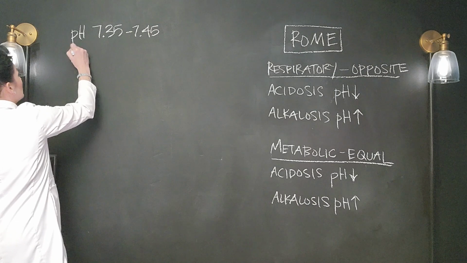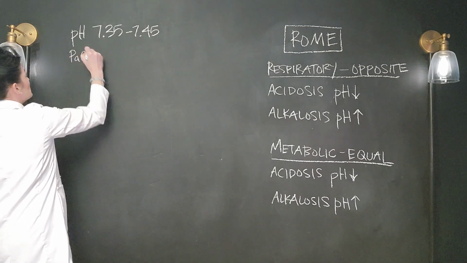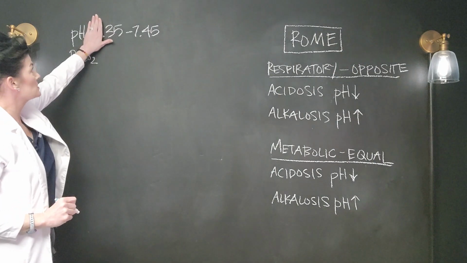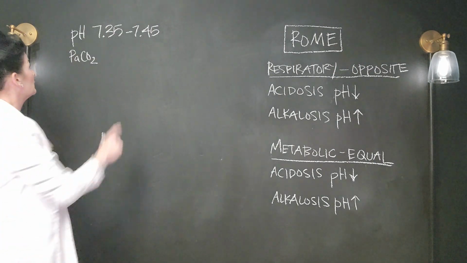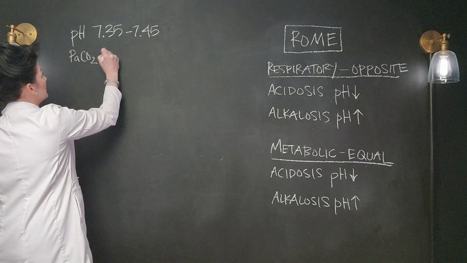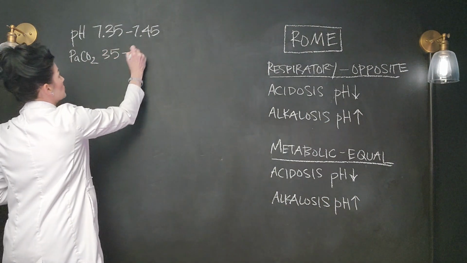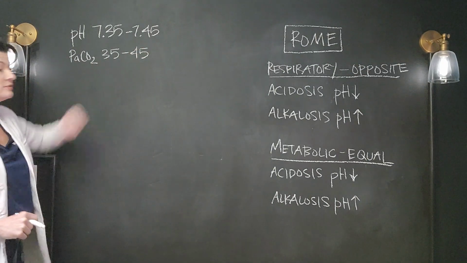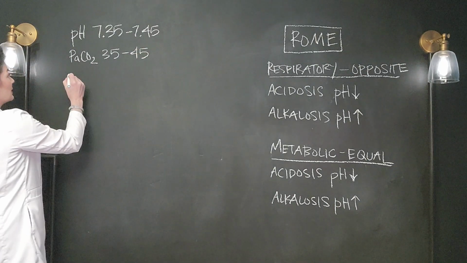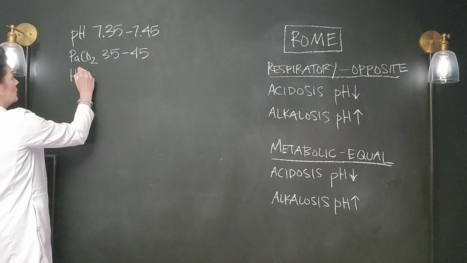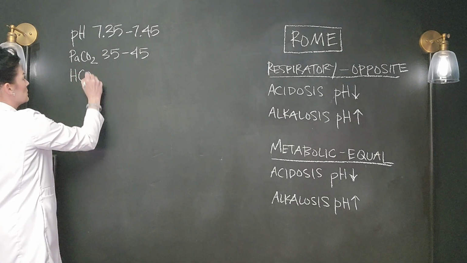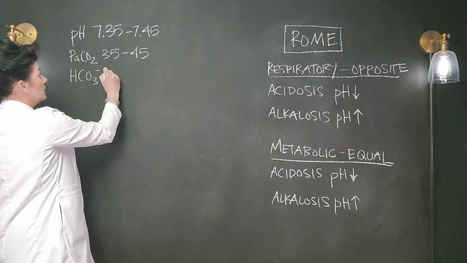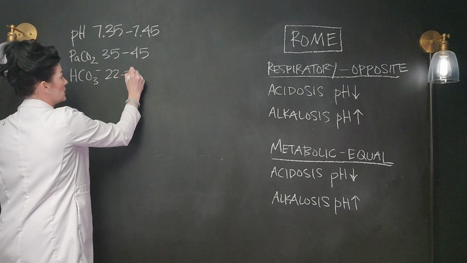Easiest way to remember this, just drop the 7 and the decimal behind it, and that is exactly your range for partial pressure of CO2, 35 to 45. Okay? Then our last one that we are going to look at, something that helps keep us more basic, is bicarb. Our range for bicarb is 22 to 26.